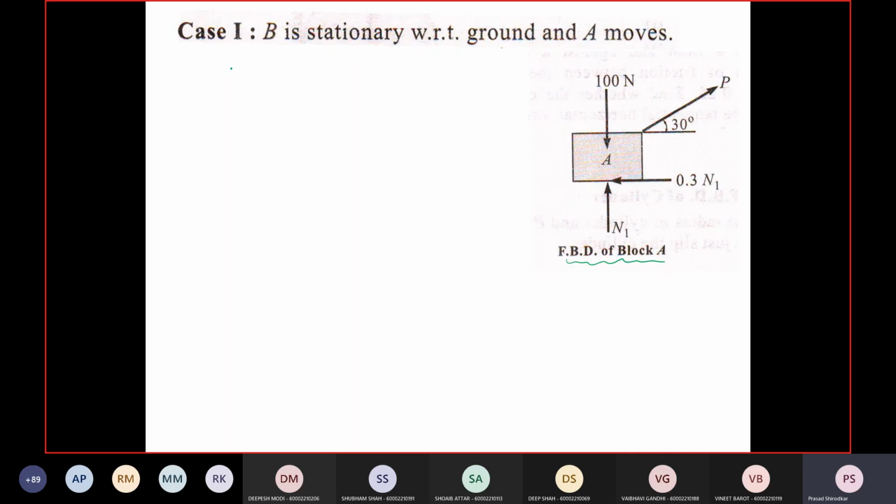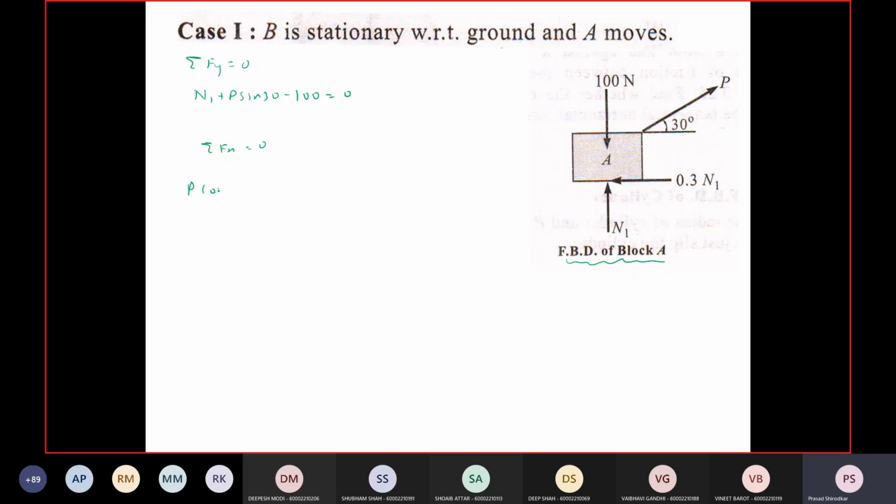Summation Fy is equal to 0. So N1 plus P sine 30 minus 100, and summation Fx equal to 0.